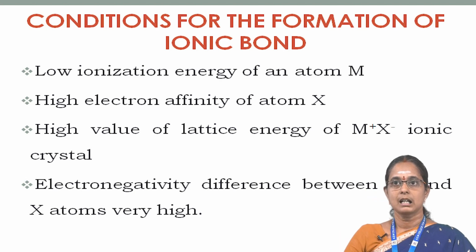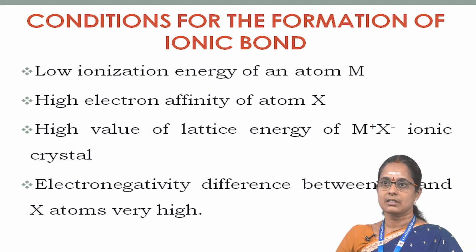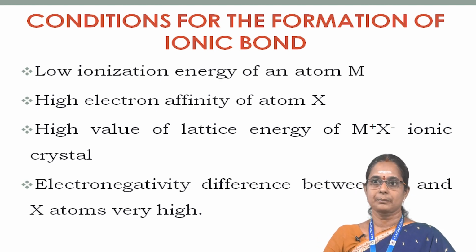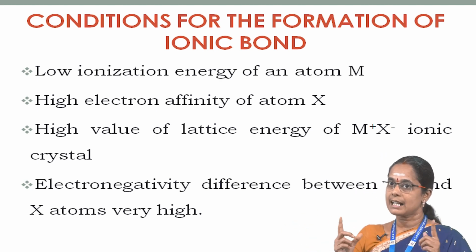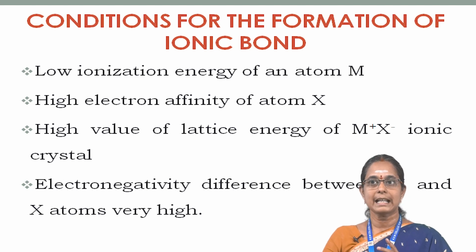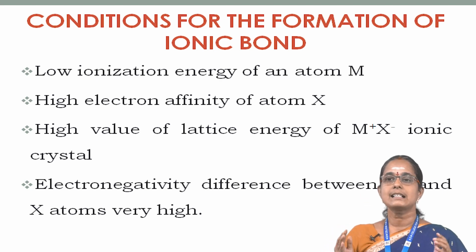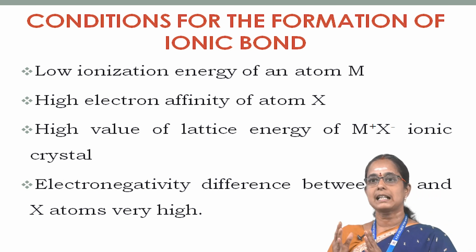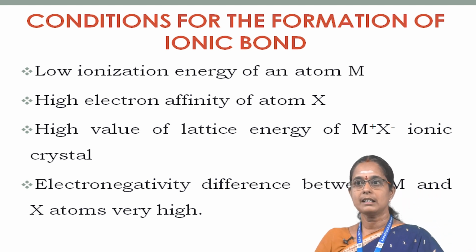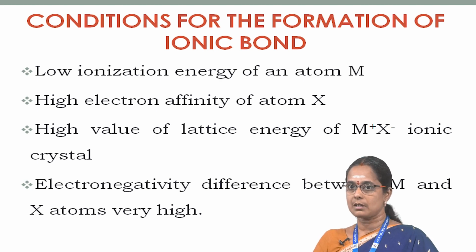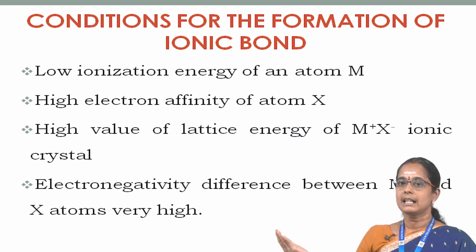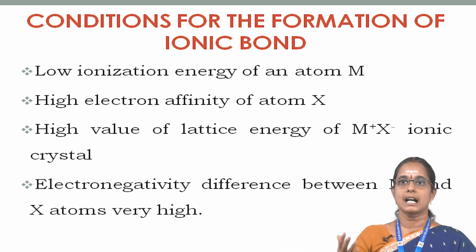And the third one, high value of lattice energy of the M plus X minus ionic crystal. Greater the force of attraction between the constituent ions in an ionic solid, greater is the stability of the ionic solid. Greater the magnitude of the lattice energy of an ionic solid, greater is the electrostatic force of attraction between the ions, and hence greater the stability of the ionic solid; its lattice energy should be high.